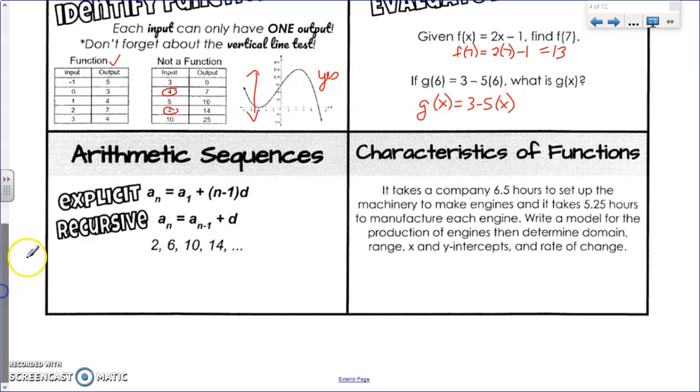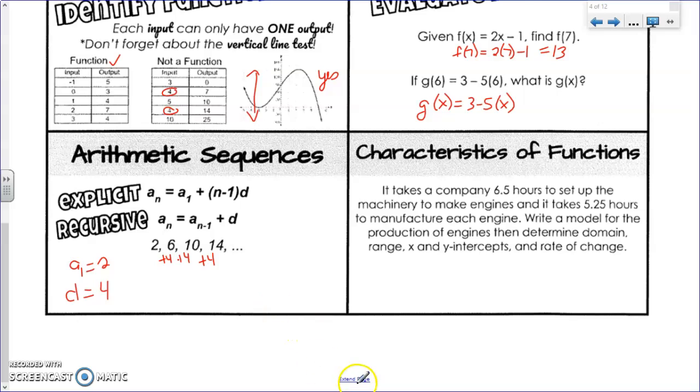Okay, the last two here, we're doing arithmetic sequence, explicit and recursive. So our a sub 1 is 2, 2 to 6, 6 to 10, so that's adding 4, adding 4, adding 4, so my d is 4.